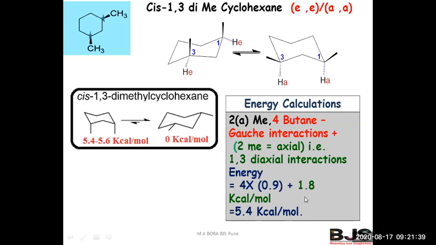Now, what is the reason which makes this molecule more energetic or more unstable? It was observed that there is one more interaction introduced in this molecule where two methyl groups, or two bulky groups, are on the same side, and that interaction is called 1,3-diaxial interaction, which increases energy by 1.8 kilocalorie per mole, and therefore the total energy is 3.6 plus 1.8, that is 5.4 kilocalorie per mole.